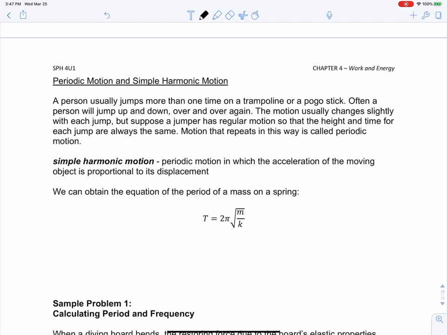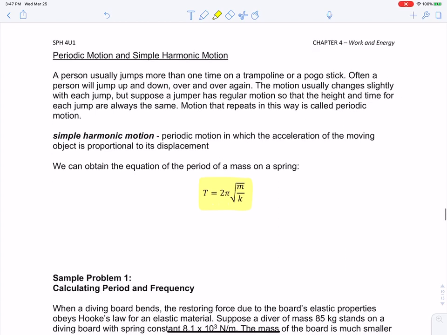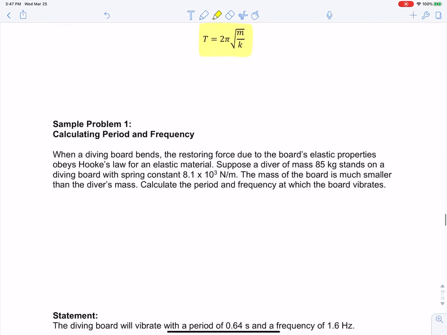When it comes to springs, we can obtain the equation for the period of a mass on a spring with the following formula. Period is equal to 2 pi times the square root of mass divided by the spring constant. Let's try an example.